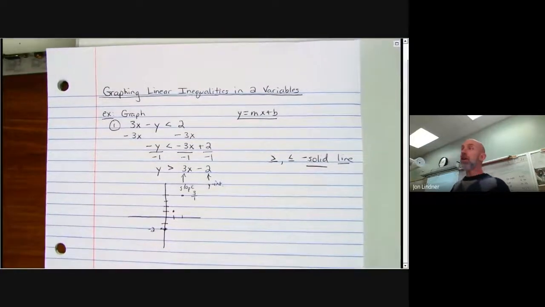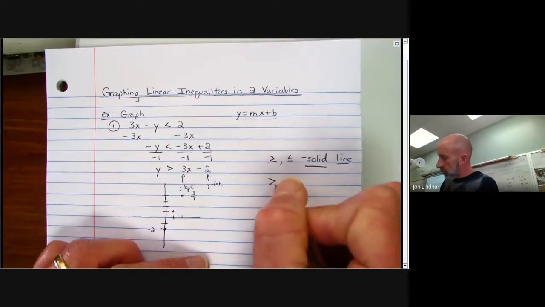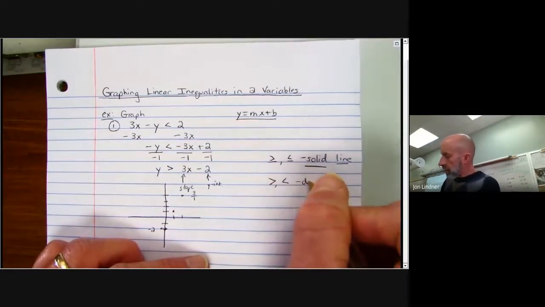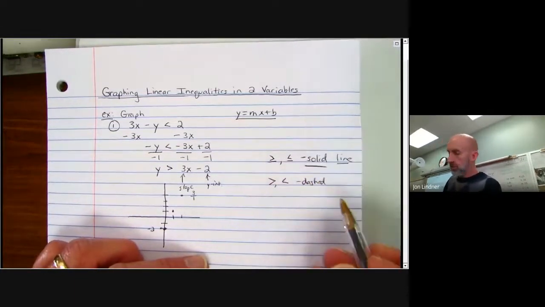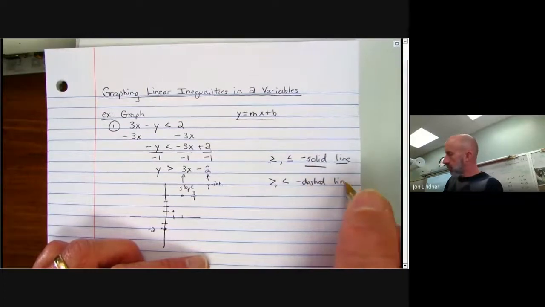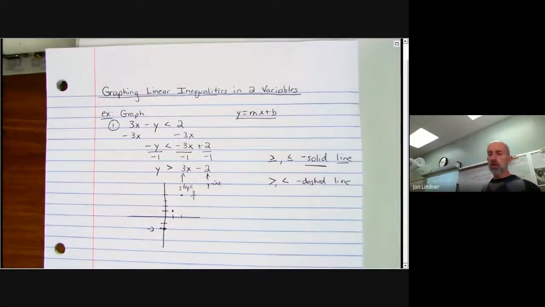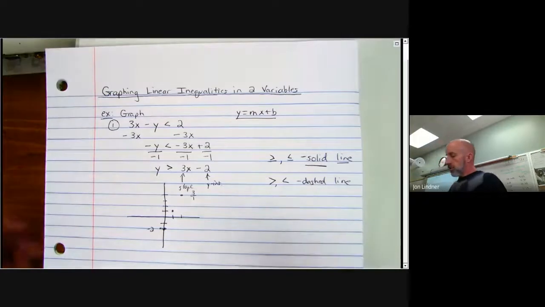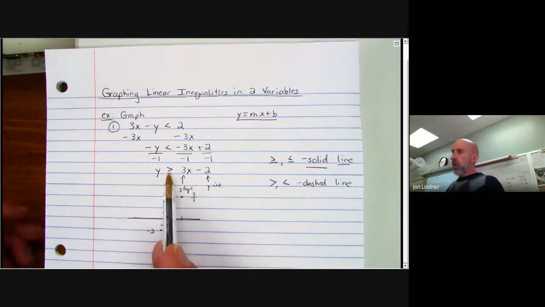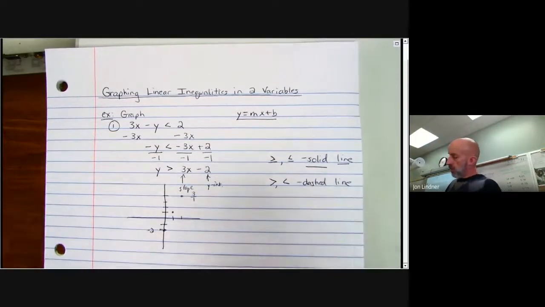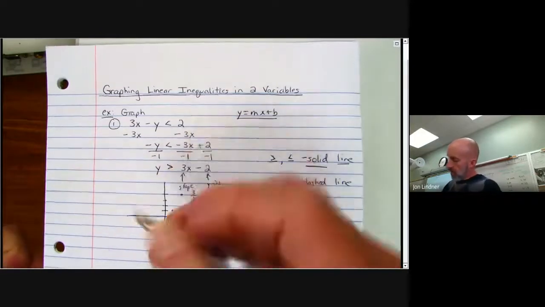But if it's only greater than or less than, I use a dashed line. So you need to know that going in. This problem that we did is only greater than, so I'm going to use a dashed line.